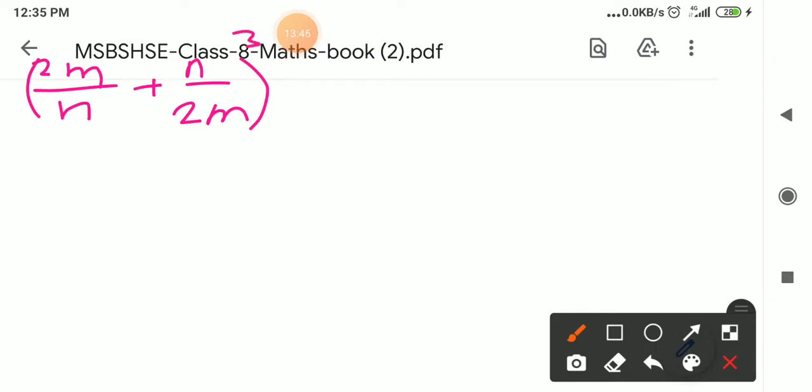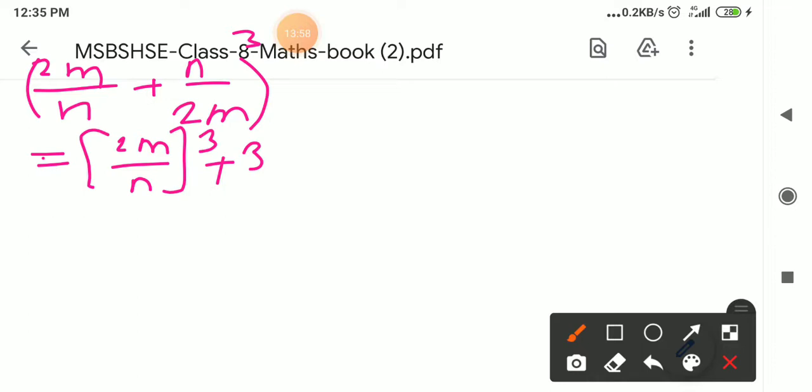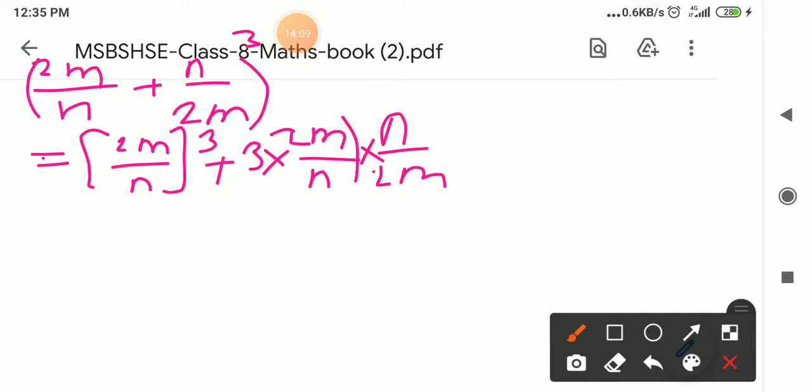So according to the formula, the first term's cube is (2m upon n) bracket cube, plus 3 into the multiplication of both terms, 3 into 2m upon n into n upon 2m. Here the square of this term is there.